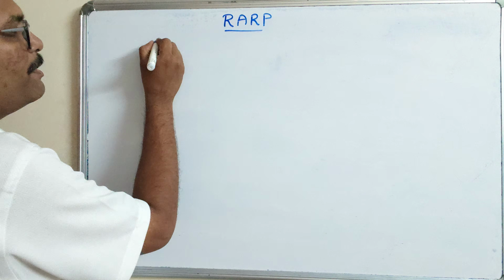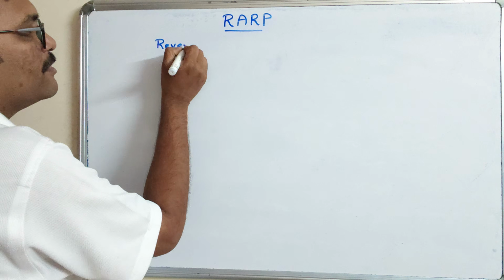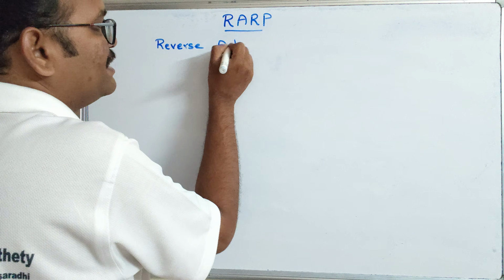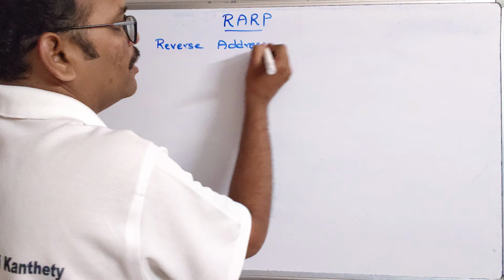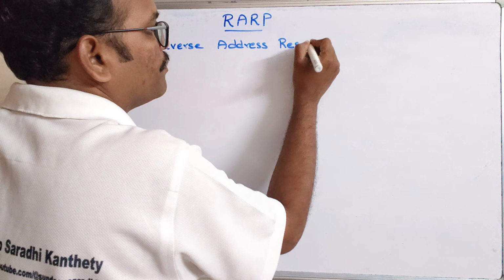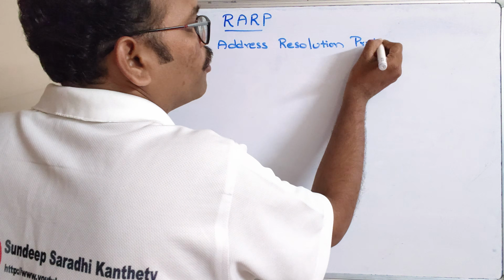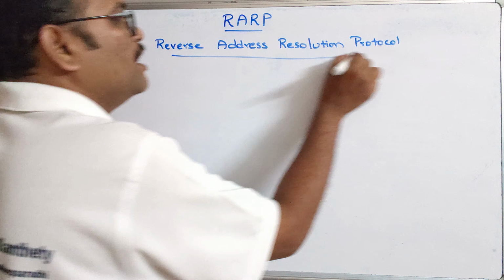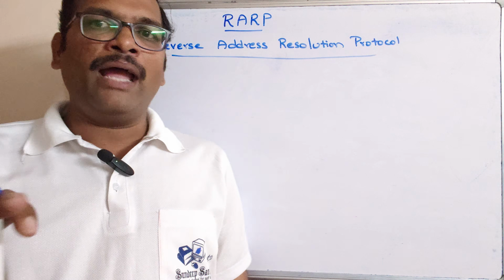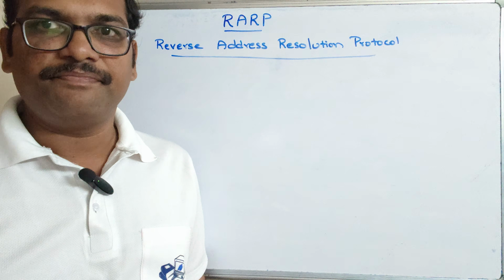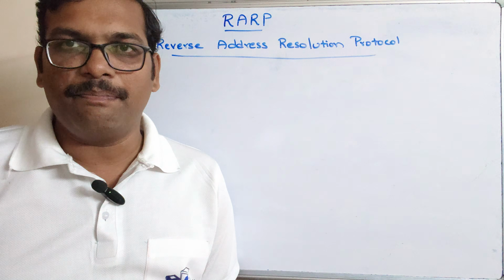RARP. So RARP means reverse address resolution protocol. Reverse address resolution protocol. So what happens is, now the device has the MAC but it doesn't know the IP address. Okay, the reverse of the ARP.